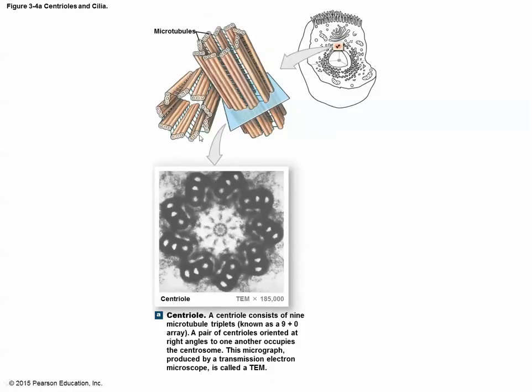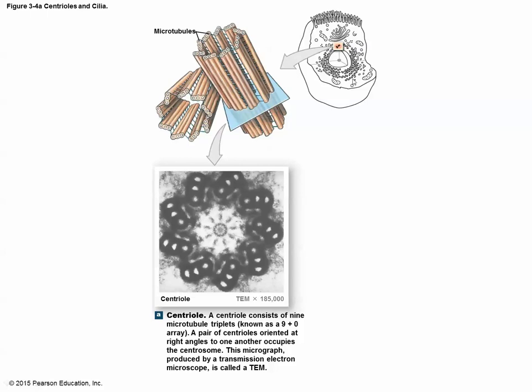Here we have the centrioles, and the centrioles are located in the centrosome. And the centrioles are made of microtubules, and they have a very particular arrangement. We have triplets of microtubules arranged in a circle, and there are 9 of these triplets, and there's no center core. So we have 9 triplets, so we call it a 9x0 array because we have 9 triplets and nothing in the center.